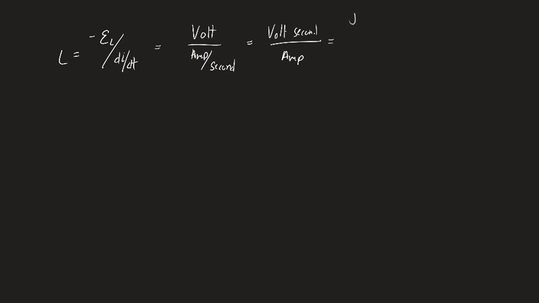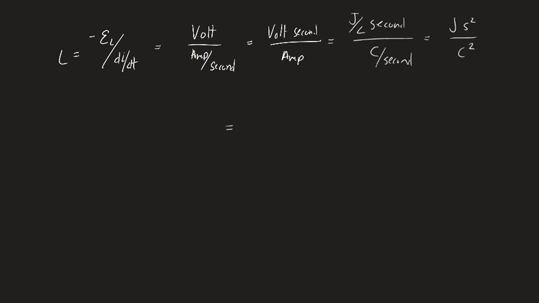A volt is a joule per coulomb. Second per amp. What's an amp? Coulomb per second. That makes this a joule second squared per coulomb squared.